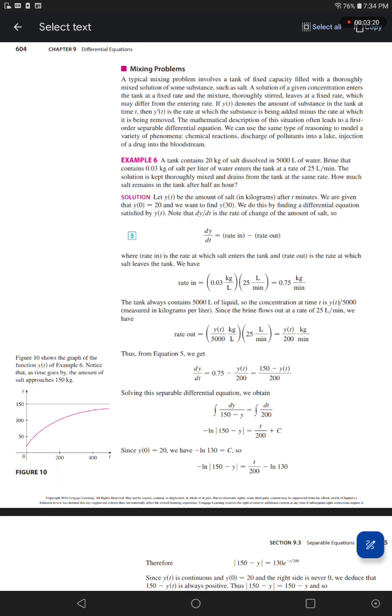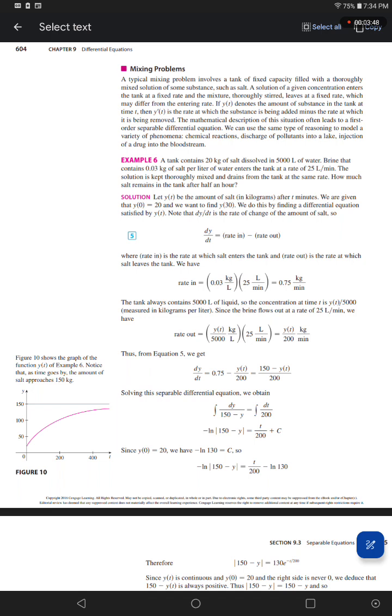Since the brine flows out at a rate of 25 liters per minute, we have rate out equals (y of t over 5,000 kilograms per liter)(25 liters per minute) equals y of t over 200 kilograms per minute.